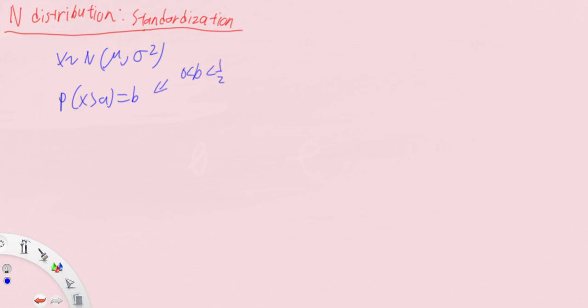Now from here we know that a must lie to the right of the mean, because if we were to draw the normal distribution graph, mu has to be the center, it is the mean after all. For x to be bigger than a with a probability of less than half, we know that the probability to the right and left of the mean are half respectively. If it's less than half, you know that a would be somewhere around here, and this would be b, okay?